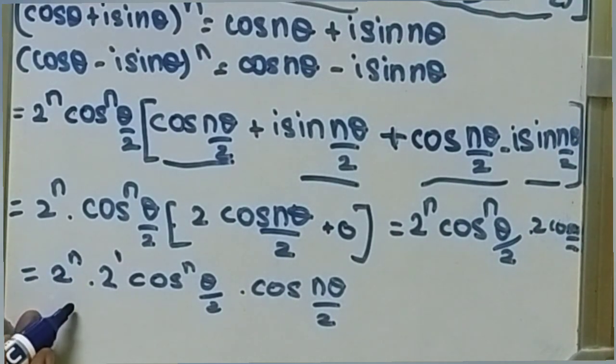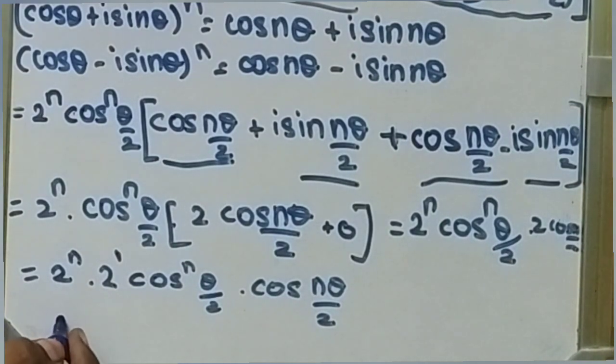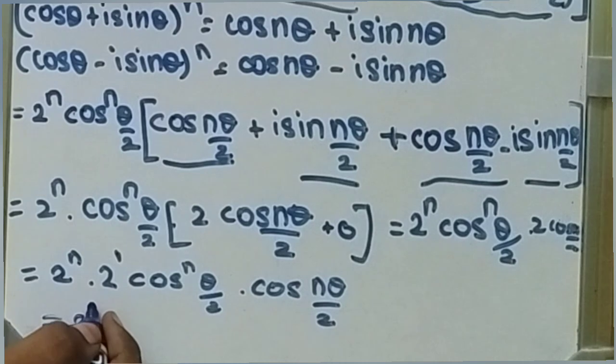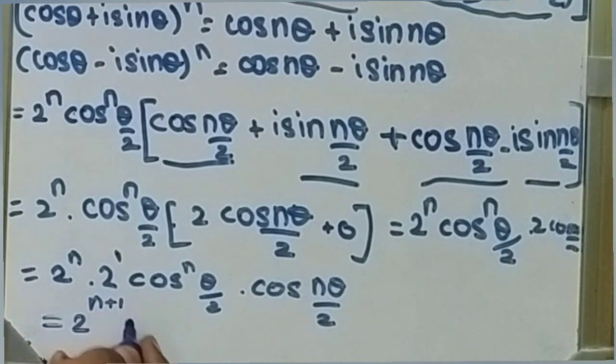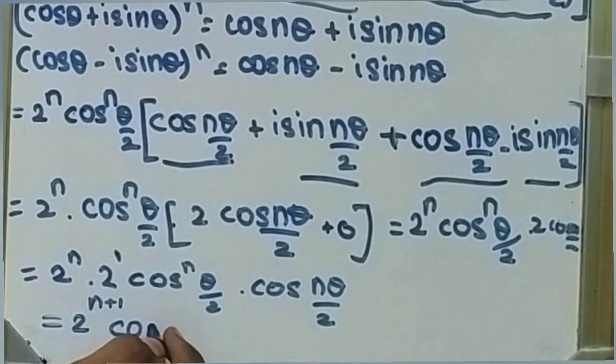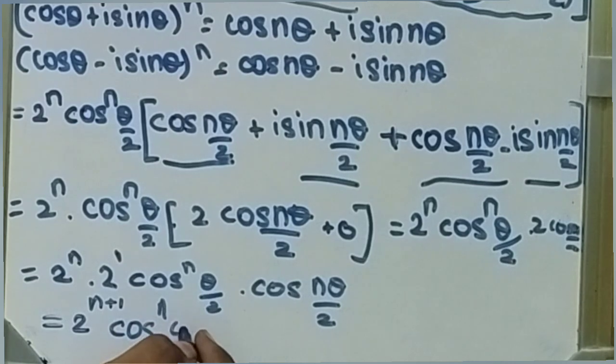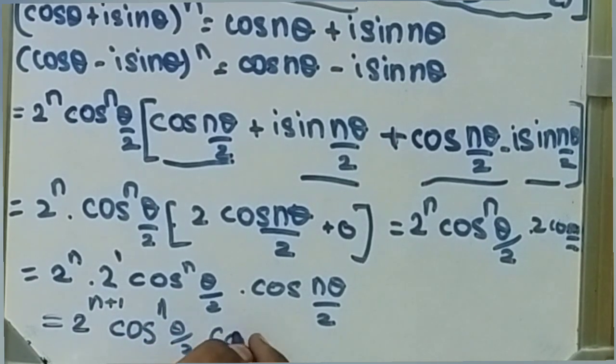Both their bases are the same but their powers are different. If two bases are the same and the powers are different, we can simply add their powers. So 2 power n plus 1. What remains is cos power n theta by 2 and cos n theta by 2.